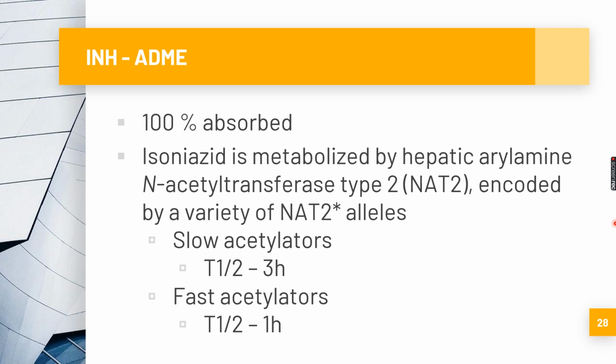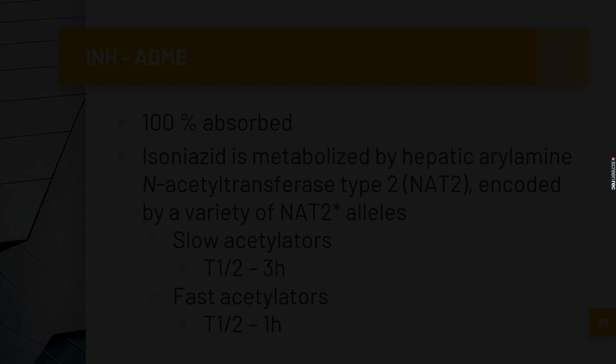People having slow acetylators have around 3 hours as half-life, whereas fast acetylators have 1 hour as half-life for the isoniazid. Even though the half-life changes, the efficacy does not change much, but this will considerably change the ADR profile.